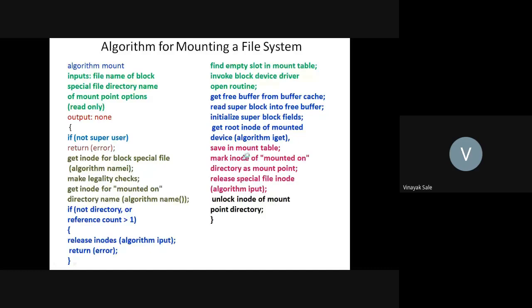Save in mount table. Mark inode of mounted on directory as mount point. Release the special file inode with the help of algorithm iput. Unlock inode of mount point directory. See this algorithm carefully.